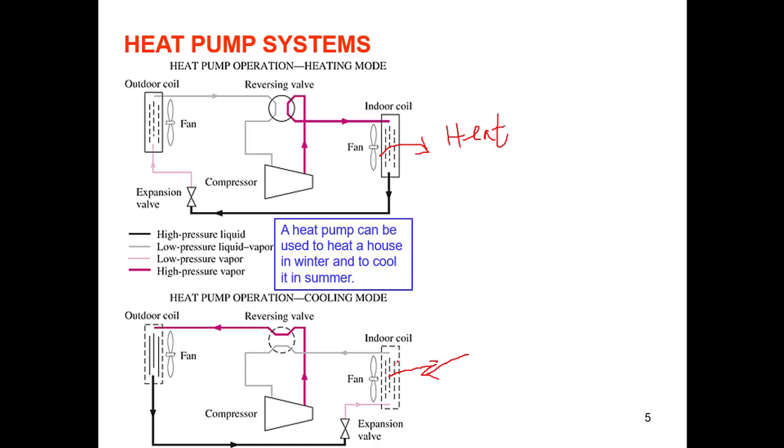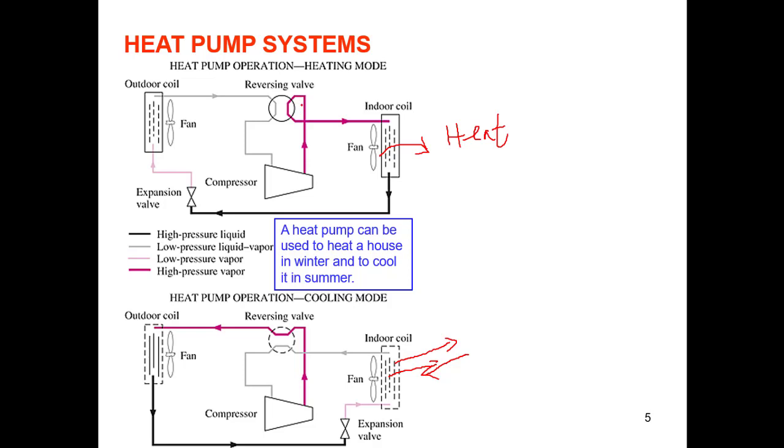So the fan will throw cold air into the room. So by using a reversing valve, we can use the same equipment for air conditioning as well as for heating purposes. We just need an additional reversing valve.